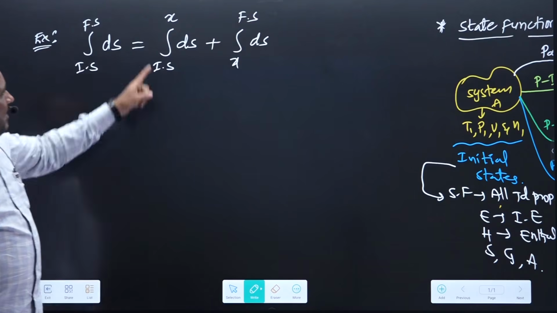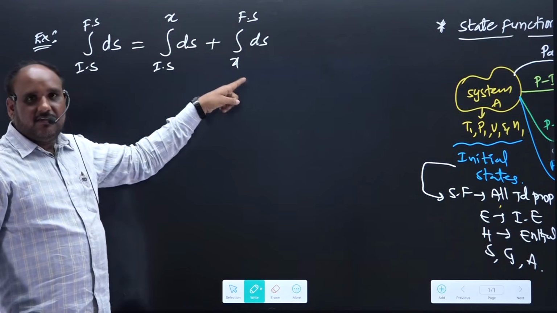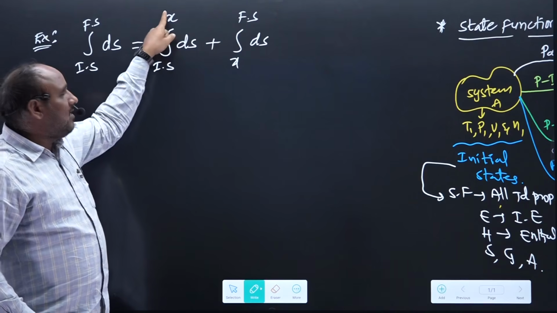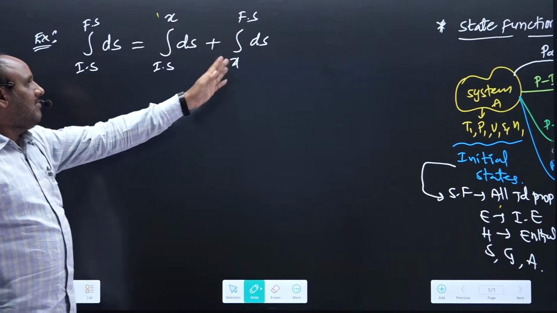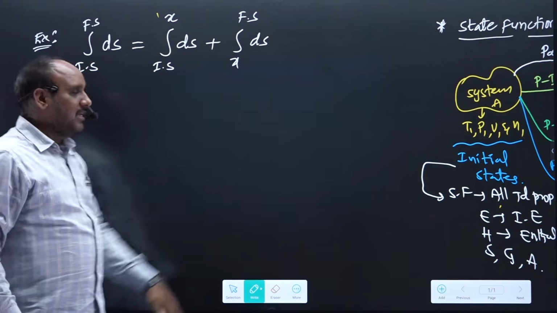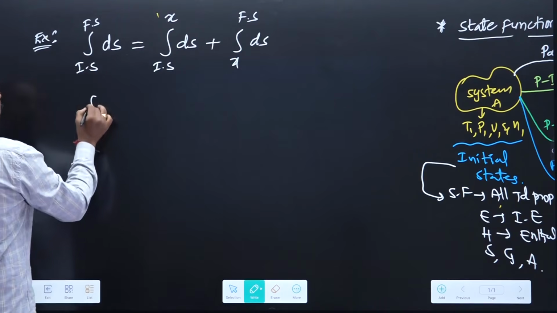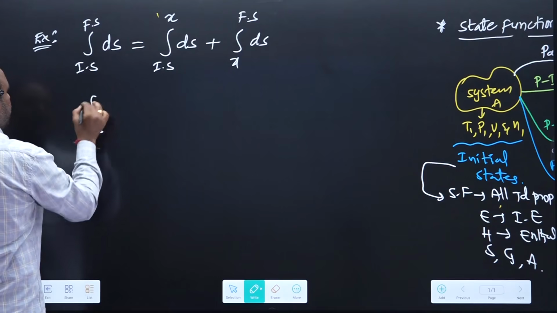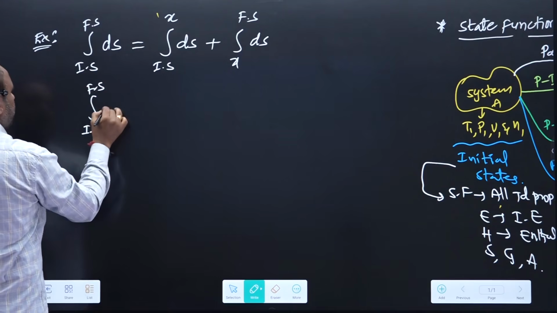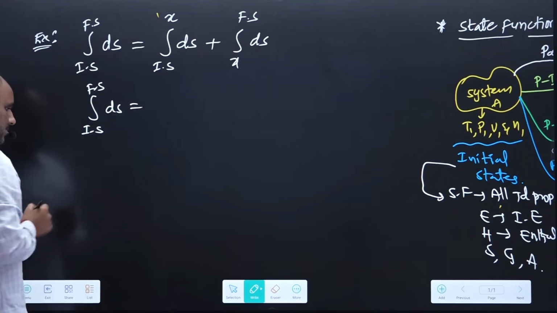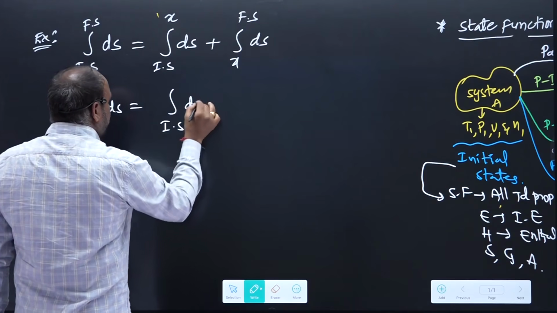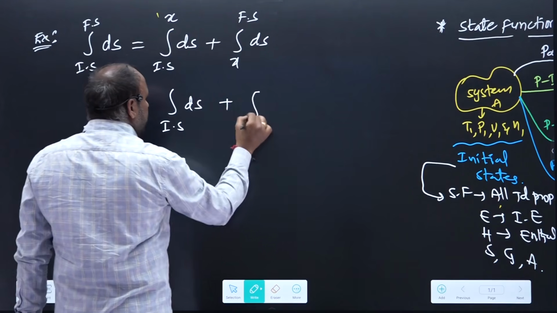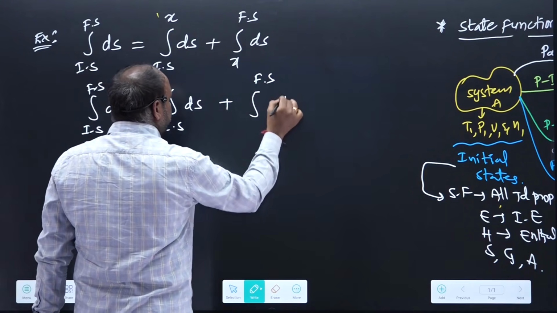So here we are representing a pathway. The pathway is through x, whatever the value is. Then in the second case, the integral from initial state to final state of ds is equal to the integral of initial state of ds plus the integral of final state of ds.